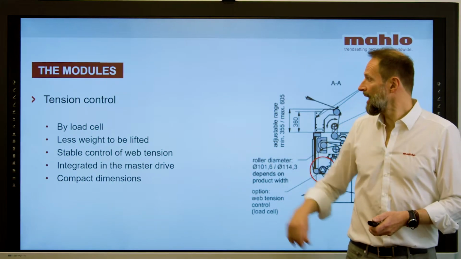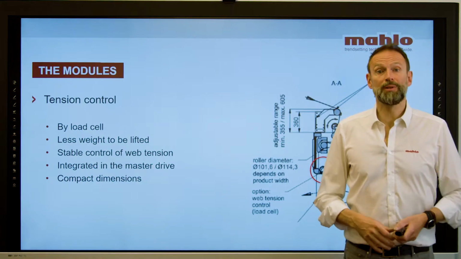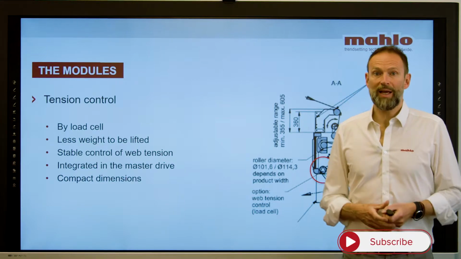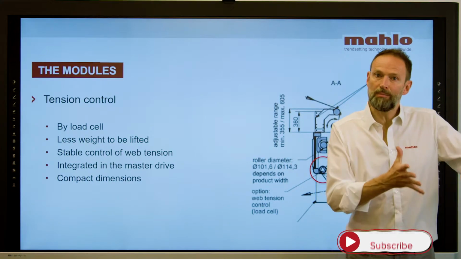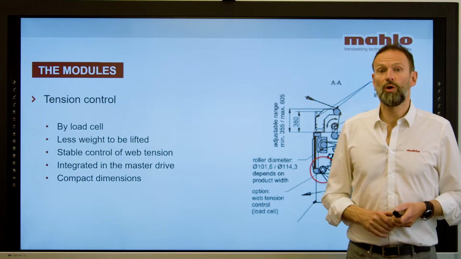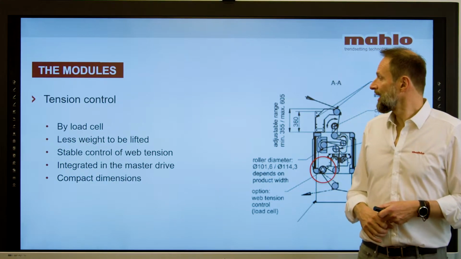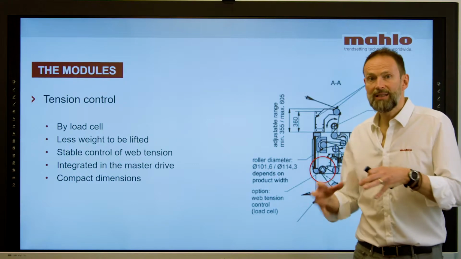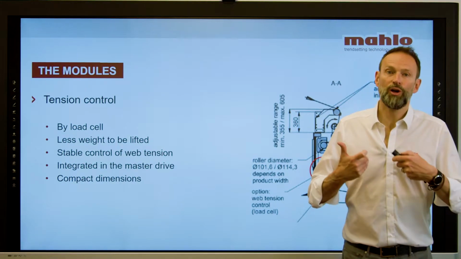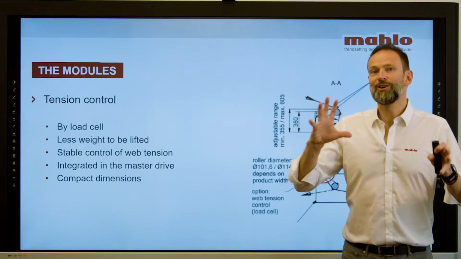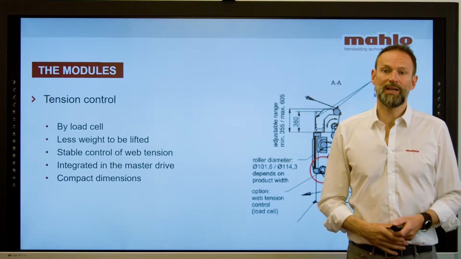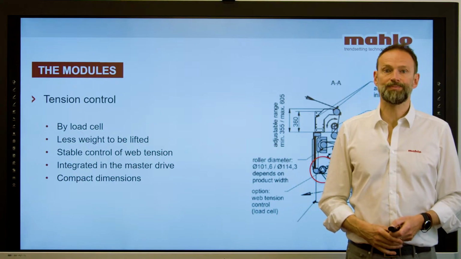Here we also have the possibility of a load cell, which has less weight to be lifted than a pendulum compensator, and it has a very stable control of the web tension and can be easily integrated into that machine. It also supports that compact design, which is a clear benefit at that stage.